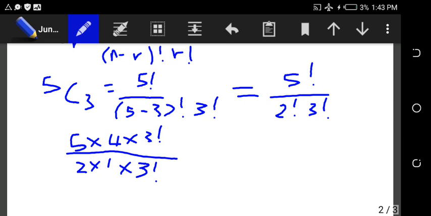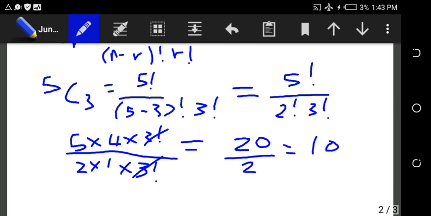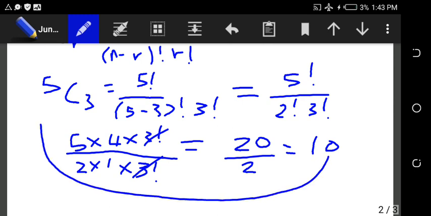Now looking at it, the 3 factorial can cancel out the 3 factorial, and what you have left is 5 times 4, that is 20, over 2 times 1, that is 2, and eventually we have 10 as the value of the expression here, 5 combination 3.